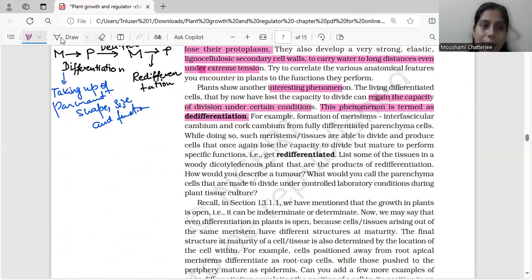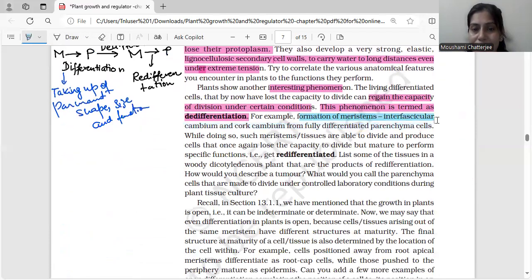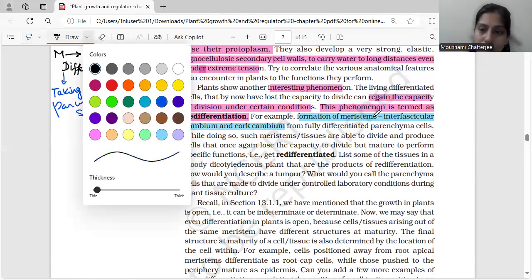Okay. For example, let's take an example over here. What does the example say? Formation of meristem, interfascicular cambium and cork cambium. Okay. When we see the formation of meristem, interfascicular cambium or cork cambium from fully differentiated parenchyma cells, you know that parenchyma cell is a permanent tissue.